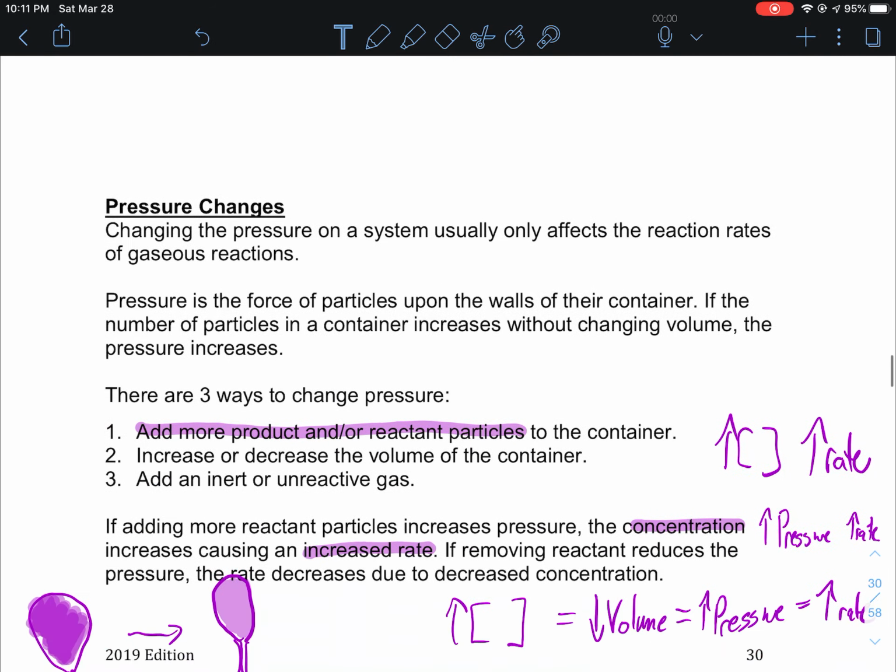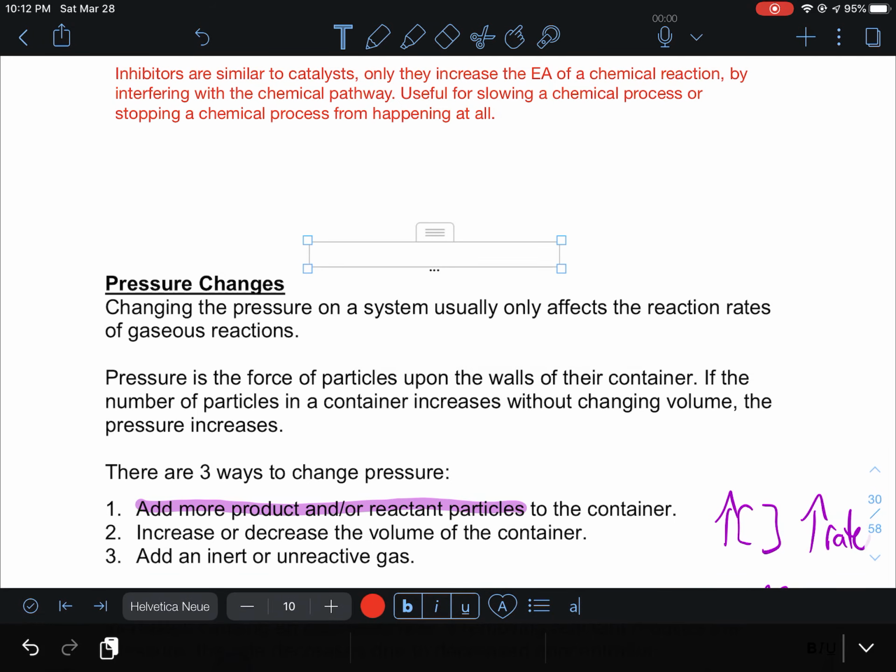Now, pressure changes is a funny one. Pressure changes are really just playing on the concentration requirement. Pressure changes equals concentration changes. So it's all the same logic. It's just that in the case of gases, instead of having to always add more product, we can simply decrease the volume or find ways to increase the pressure in there, and that will increase the chemical rate.